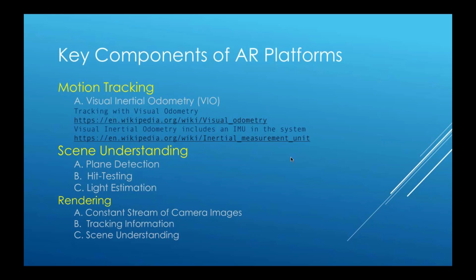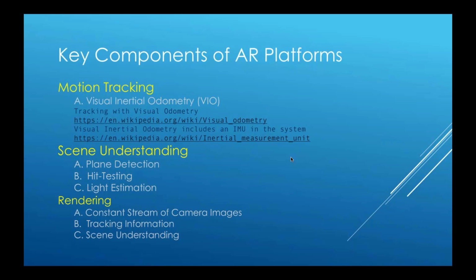What visual inertial odometry, or VIO, is, is adding an IMU, or an inertial measurement unit, to the system, and that involves the accelerometer, the compass, the gyroscope, and the hardware basically that's in a smartphone that gives us 6 degrees of pose, basically X, Y, and Z axis, and rotation around X, Y, and Z, yaw, pitch, and roll. There's another Wikipedia entry there, but it's the combination of these two really.